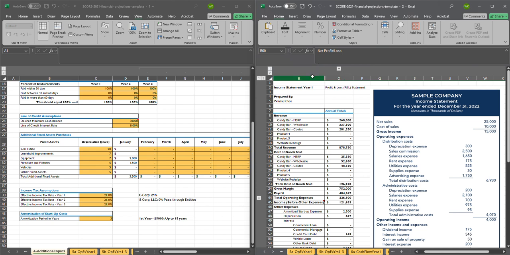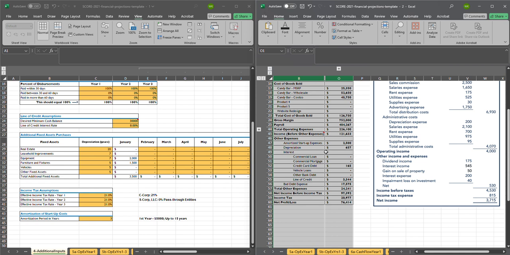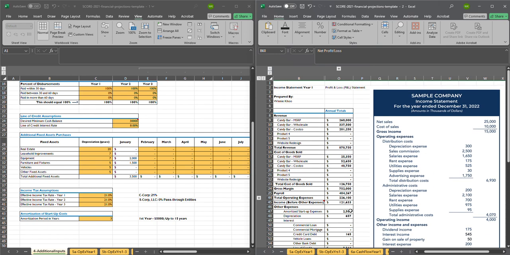So for my template, my candy bar making business for the first year, luckily I am profitable by about $76,000. So now we have reviewed an income statement for the first year. The next video will be looking at the income statement for years 1 to 3.